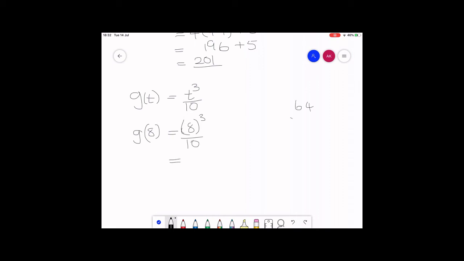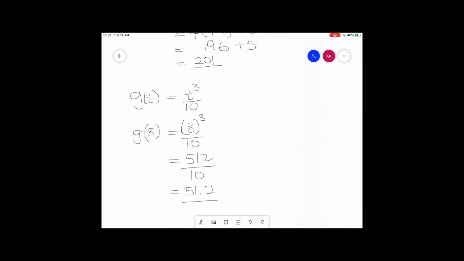It's 64 by 8. And that gives us 2 carry 3, 48, 51. So it is 512. You are required to use your calculator. If you are doing ZIMSEC, you are not to use your calculator. But if you're doing Cambridge IGCSE, you use your calculator. 512 divided by 10 gives us 51.2.